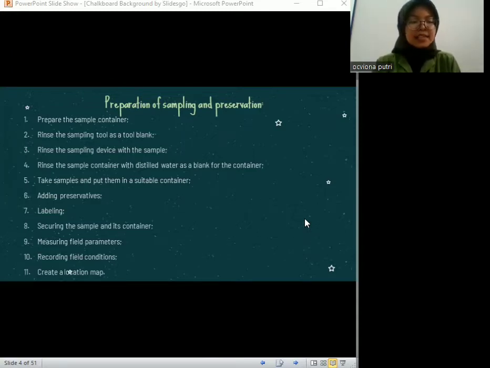Then take the samples and put them in a suitable container, adding the preservative, and then label the samples, and then secure the sample containers. Next, measure field parameters, record field conditions, and create a location map for the sample.